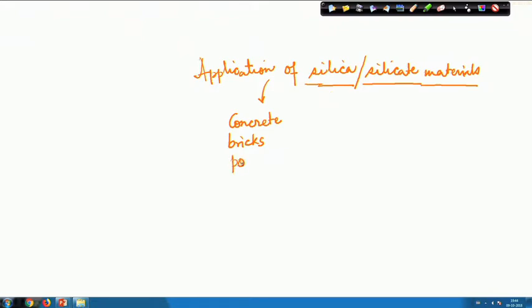Then we can have the pottery material, then we can have the enamels, then glasses, and the most important thing we can make from high purity silica, as we have seen, is optical fibers and the different refractory materials.